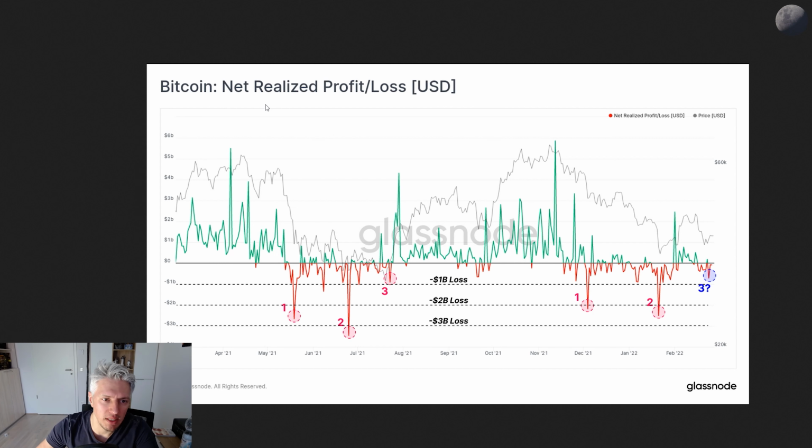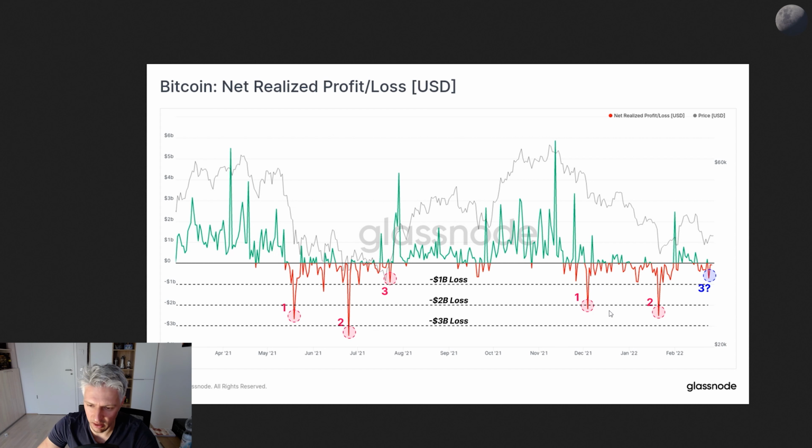One is, for example, the net realized profit to loss ratio. We can see an interesting structure forming, which apparently last time formed very similarly to this time, where the ratio dipped to pretty low levels in May to August 2021. We have a structure with 1, 2, 3 dips here.